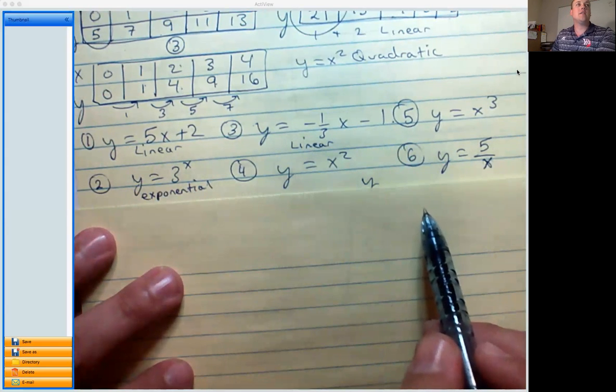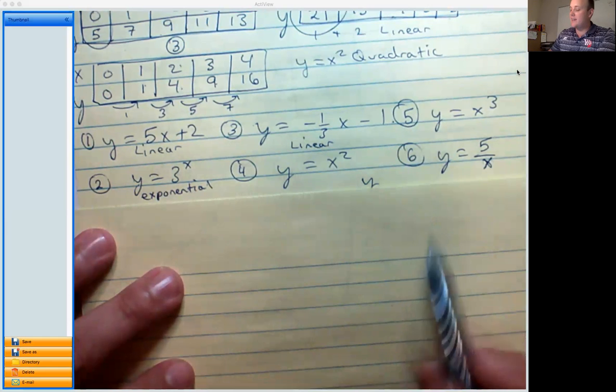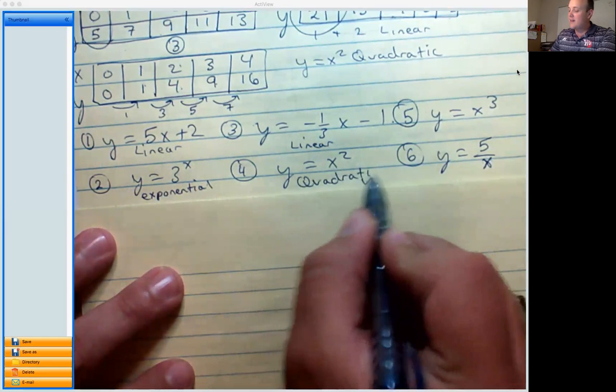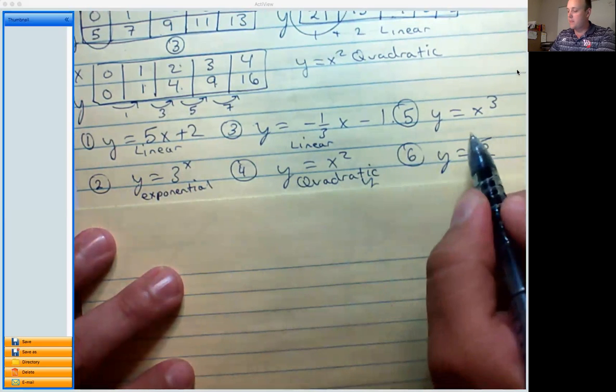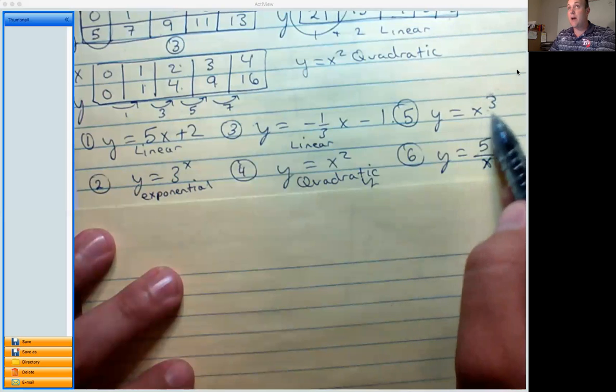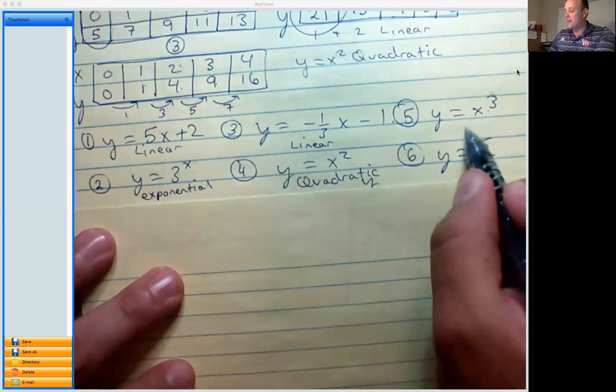Who knows what 4 is? It's quadratic, we just went over that one. Number 5: quadratic is to the second power, so this is a cubic.